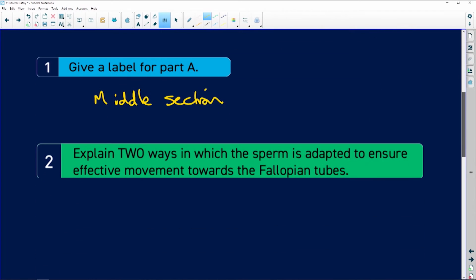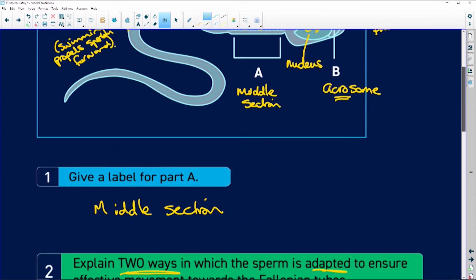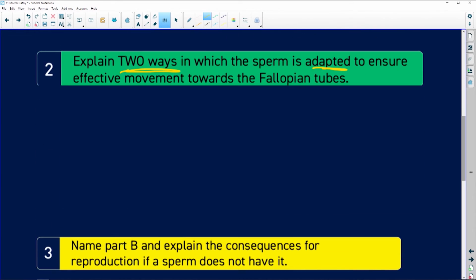Then explain two ways in which the sperm is adapted to ensure effective movement. Okay, people, just have a look here. What have we got? We have got mitochondria, we have got the acrosome, and we have this bullet shape. You see this torpedo or bullet shape? That is going to make it streamlined. So I've got three. The first one, say mitochondria.